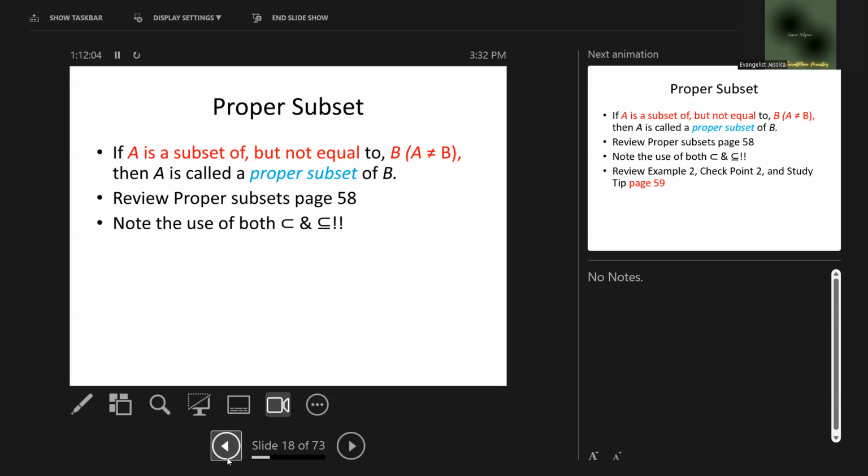If you look at page 59, it says set A is X when X is a person and X lives in San Francisco. Set B is X when X is a person and X lives in California. Okay, so is it a subset or a proper subset?